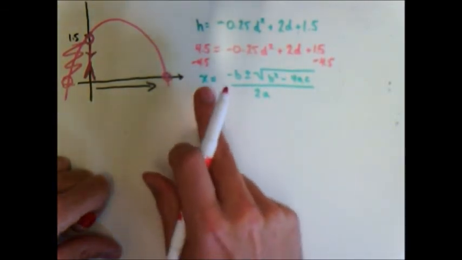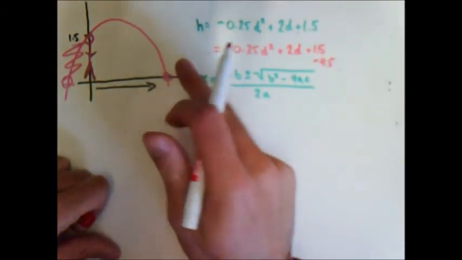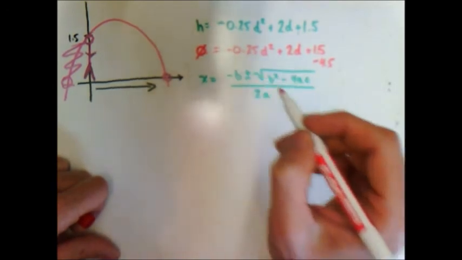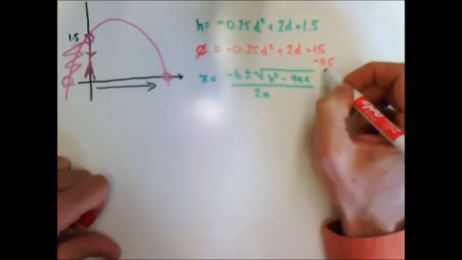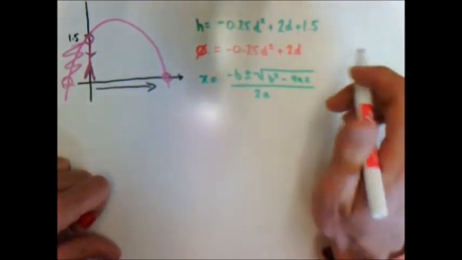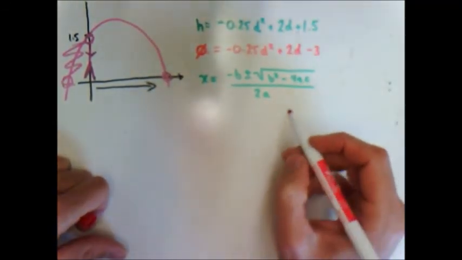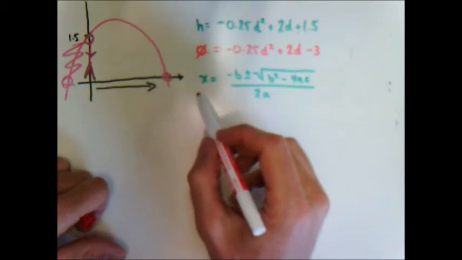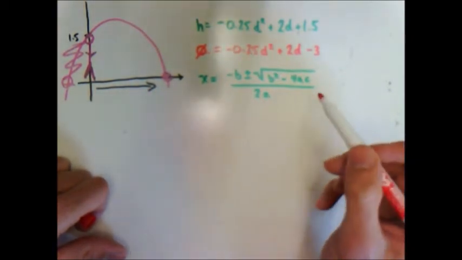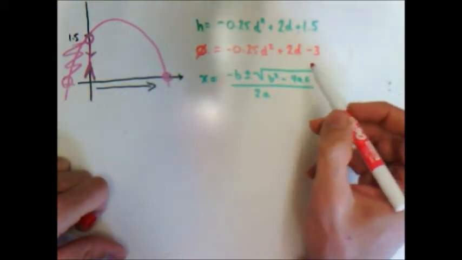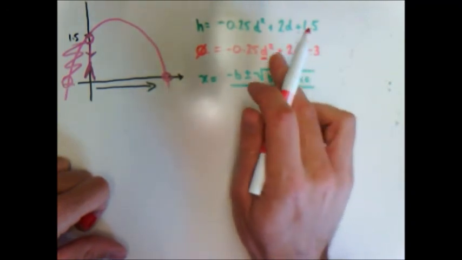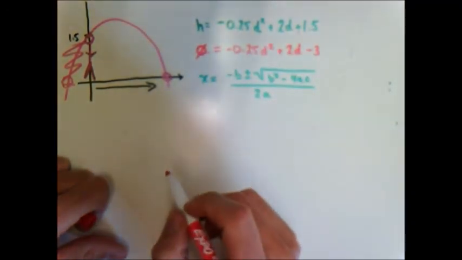I'm a little bit tight on space, so I'm just going to erase this. 4.5 minus 4.5 is 0, and 1.5 minus 4.5 is negative 3. So now I have a new equation that I can plug into our quadratic formula, and when I use this one, I will get the values of d where the height is 4.5 meters.